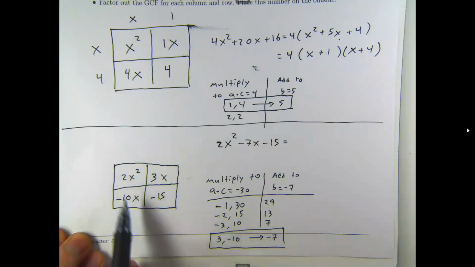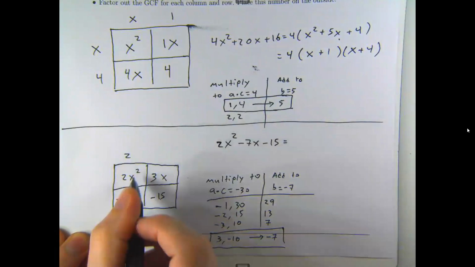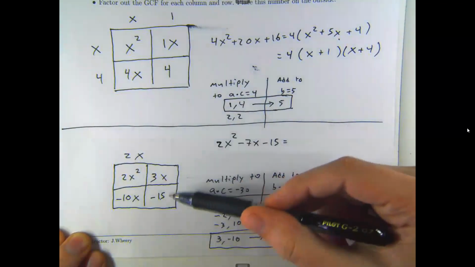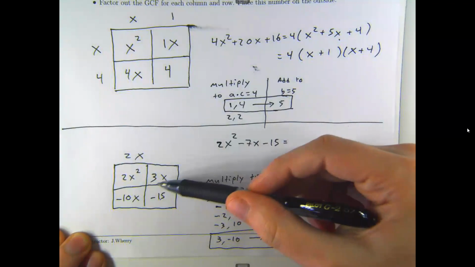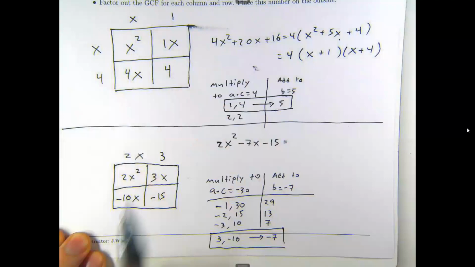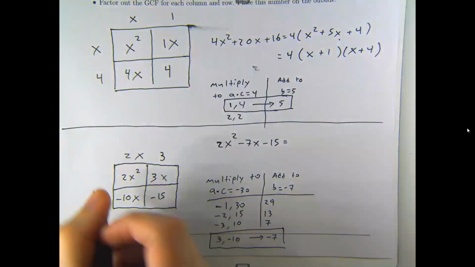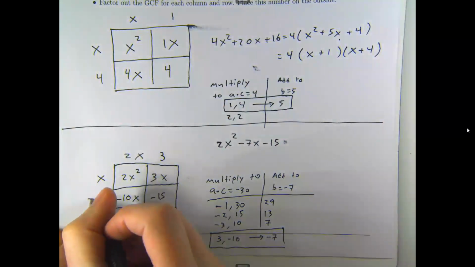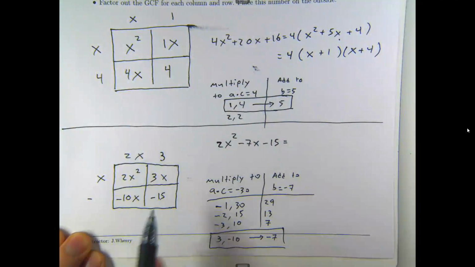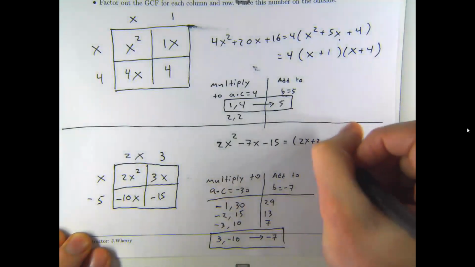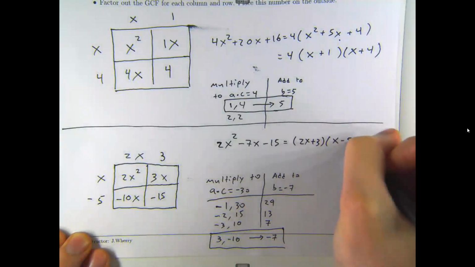These both have a 2, and they both have an x. 3x and -15, 3 goes into both of those. 2x squared and 3x, these both have x in common. These both have a negative. And 10 and 15 have the number 5 in common. So if I factor this, it looks like I get 2x plus 3 and x minus 5.